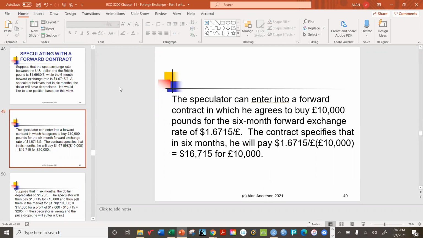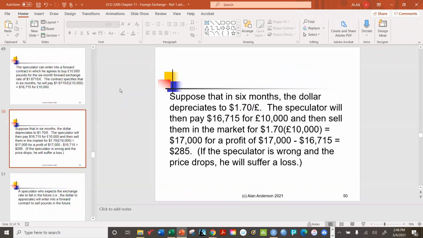Now, what happens in 6 months? What if he's right? The dollar depreciates up to $1.70. And that's only a small change. What he has the right to do now is use his contract to buy the pounds for $16,715, and he can immediately sell them in the market for $1.70 each, which adds up to $17,000.